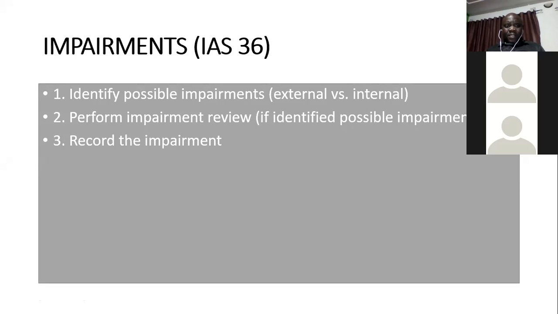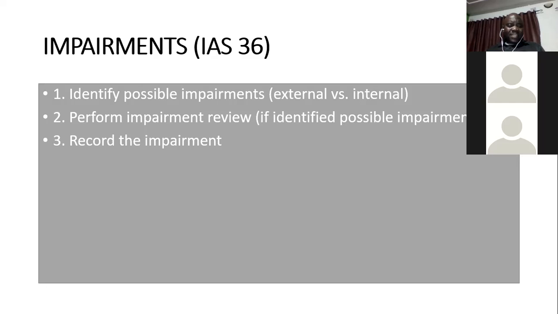Then after we identify those possible impairments, the second stage is to perform an impairment review. Thirdly, we'll then record the impairments.